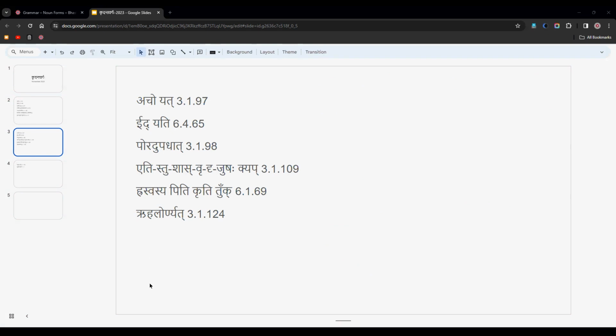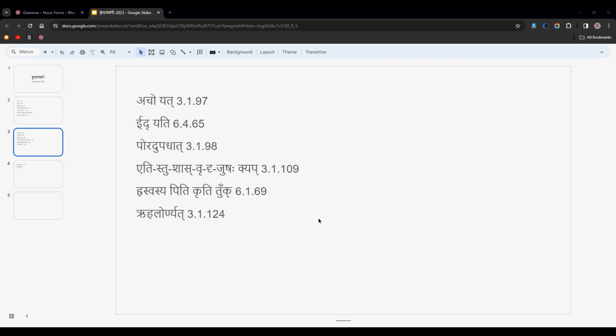Again something happened to this writing program. It flashes here, one second. So is that rakara also an it letter now? In the dhatu? Yes, in the dhatu, that rakara.